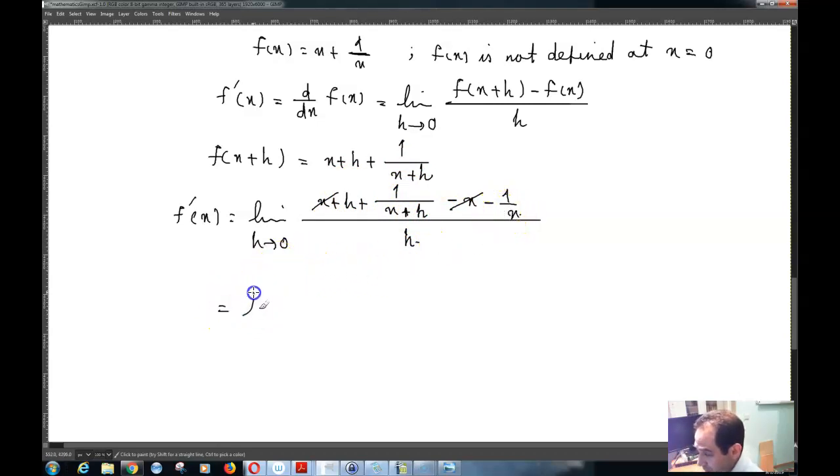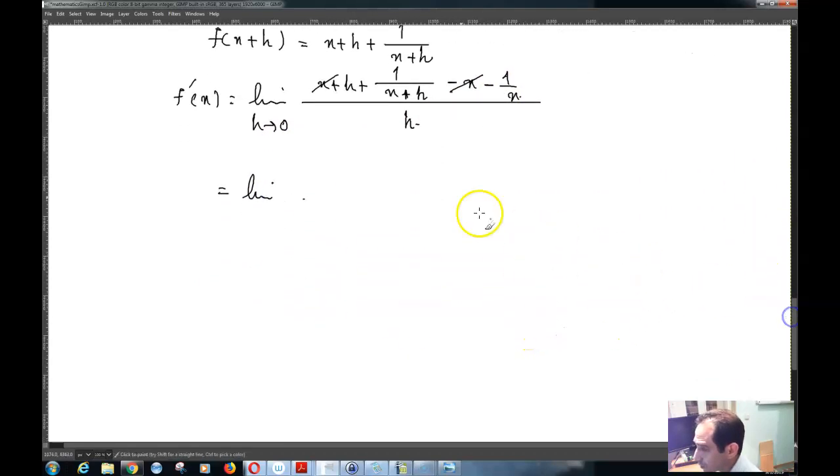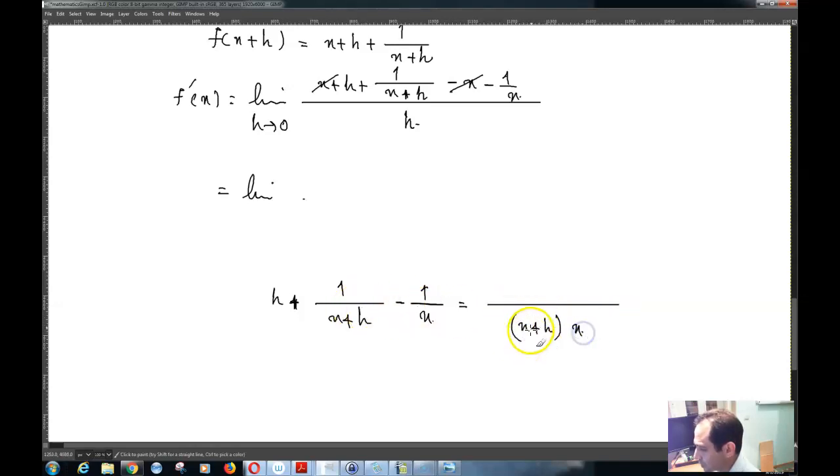So if you write this as the limit of, let me first calculate this over here. So if you have x plus 1 over x plus h minus 1 over x is equal to x plus h times x.